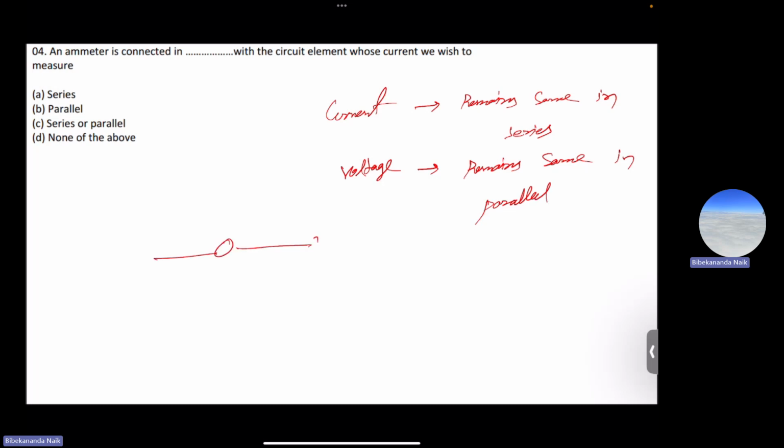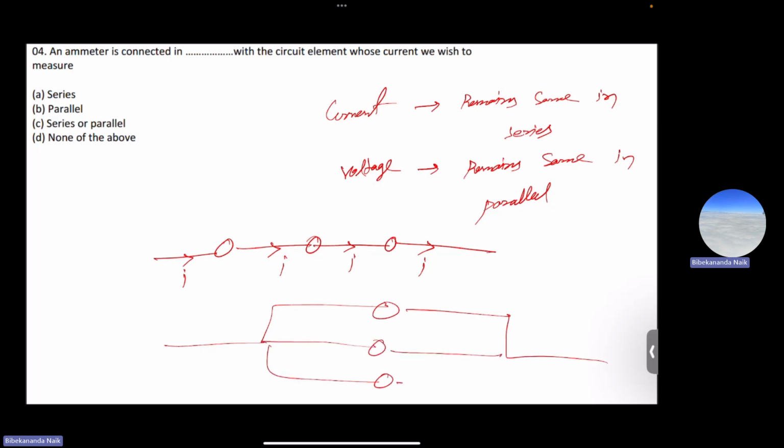Suppose this is a connection; since it is a series connection, the same current will flow, and in case of parallel connection, since these three are in parallel, across all of them the same voltage V will appear. Since ammeter is used to measure current, it is connected in series, because along a series circuit the current remains the same. So in order to measure the current accurately, ammeter is always connected in series.